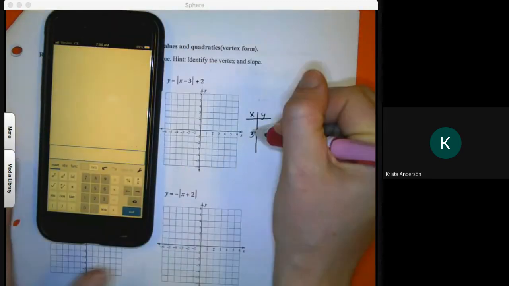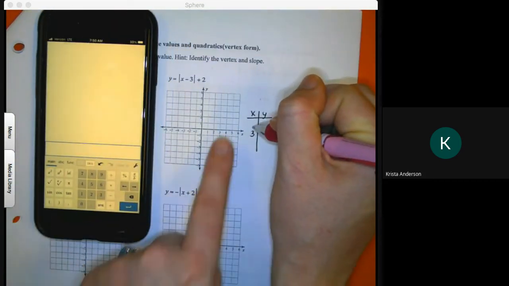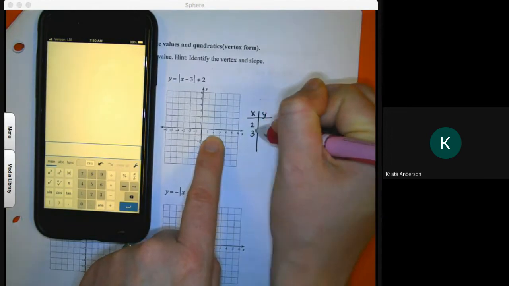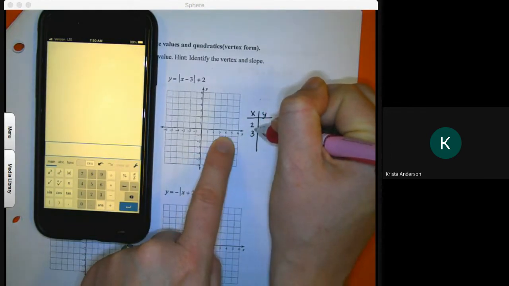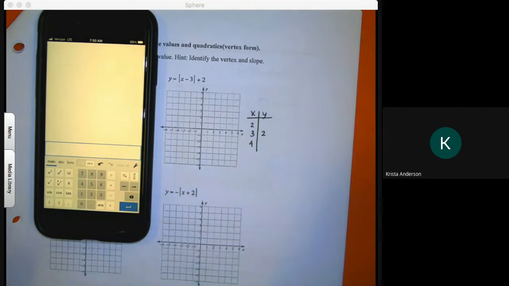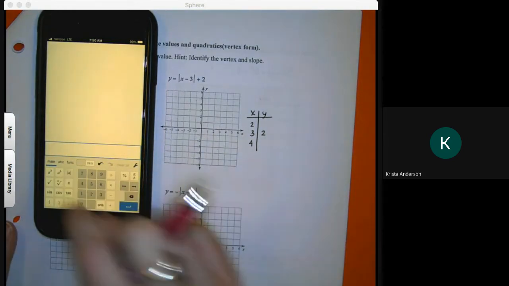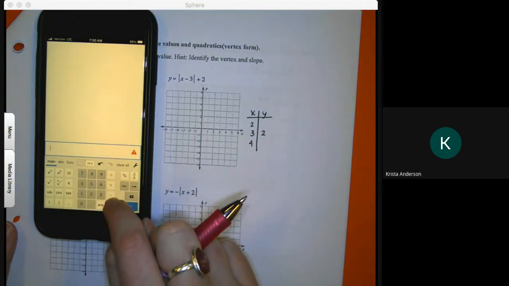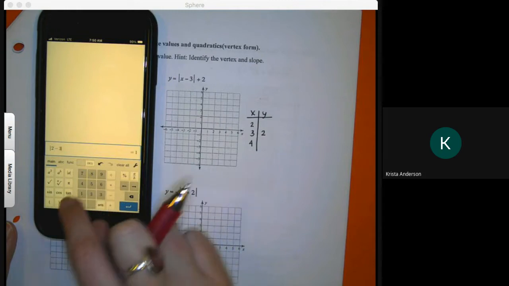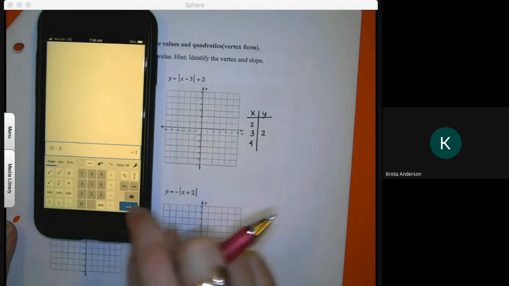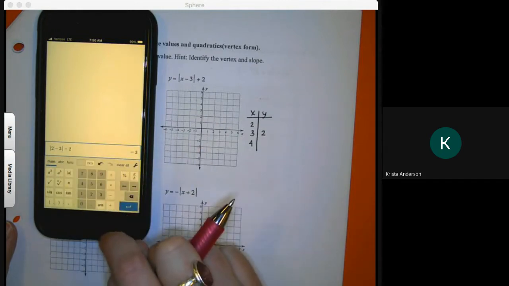Now when I check, I'm just going to go 1 above it. So I'm going to go 1 to the left, and I'm going to go 1 to the right, just to make sure what my V shape will look like. So I have 2 - 3 with a +2 on the outside.